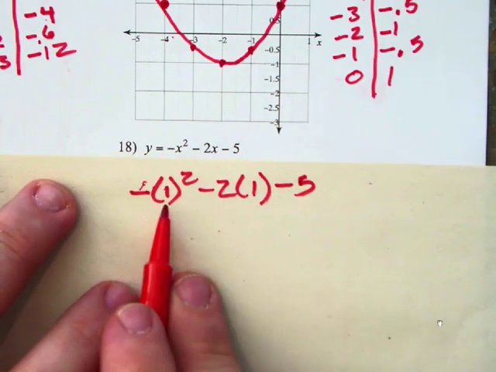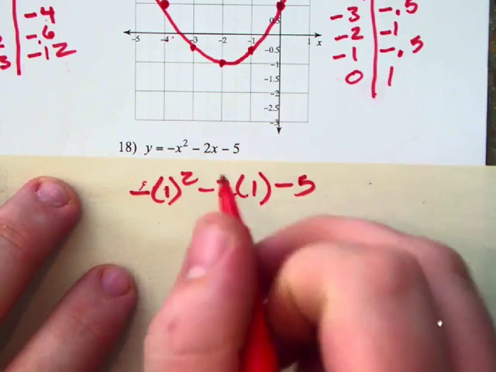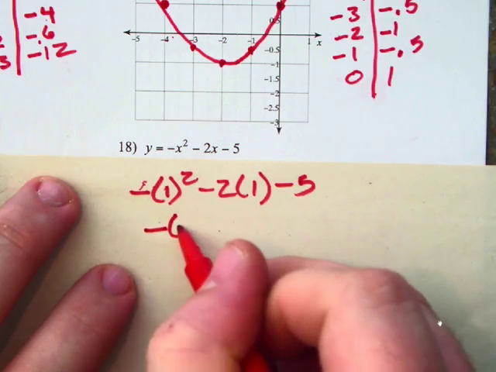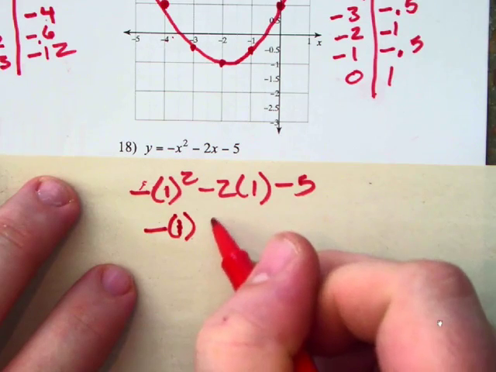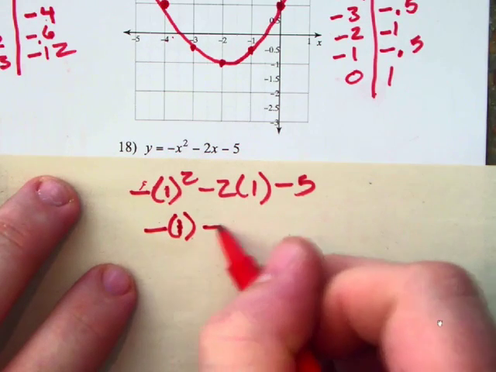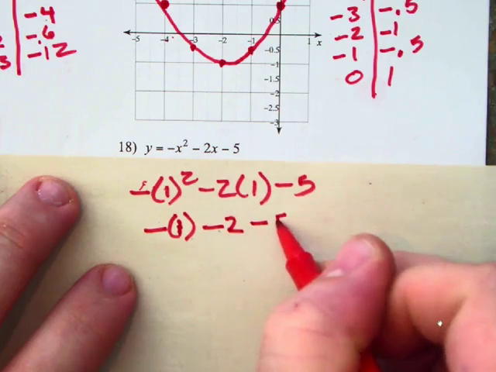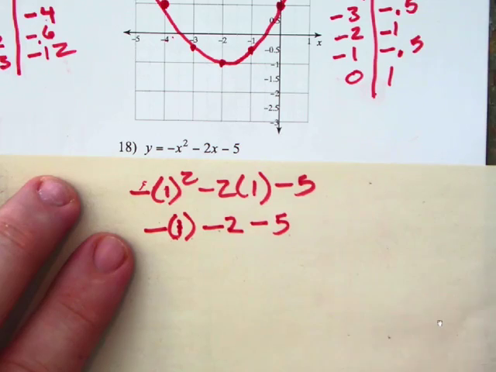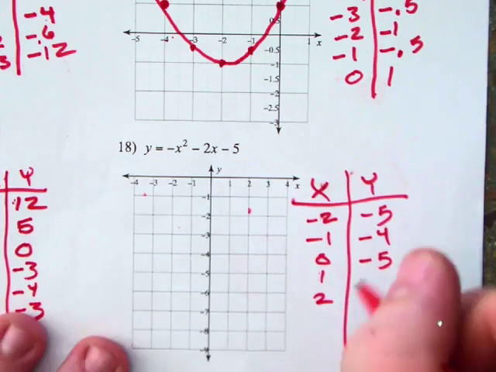Okay, again, just plugging in the 1 for each x, and we're going to say, okay, 1 squared is 1, so now we have the negative 1 minus 2 times 1 is just 2. So negative 1 minus 2 is negative 3. Negative 3 minus 5 is negative 8.